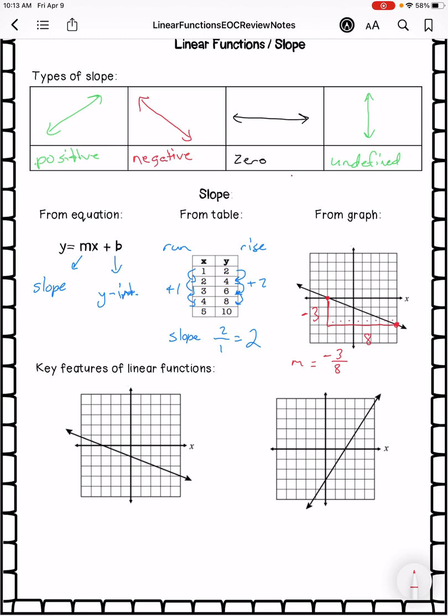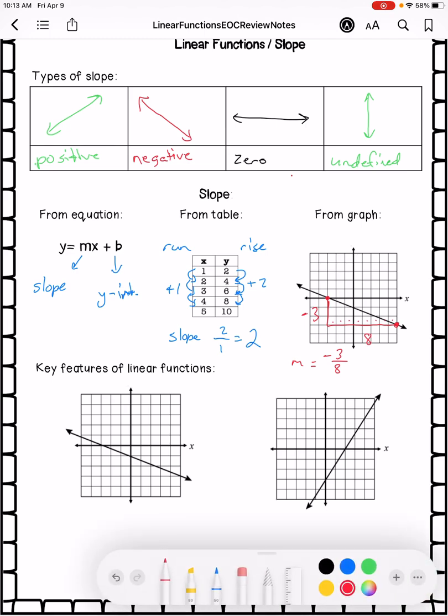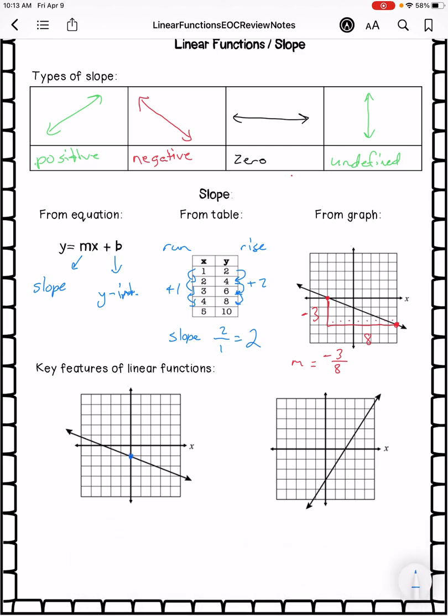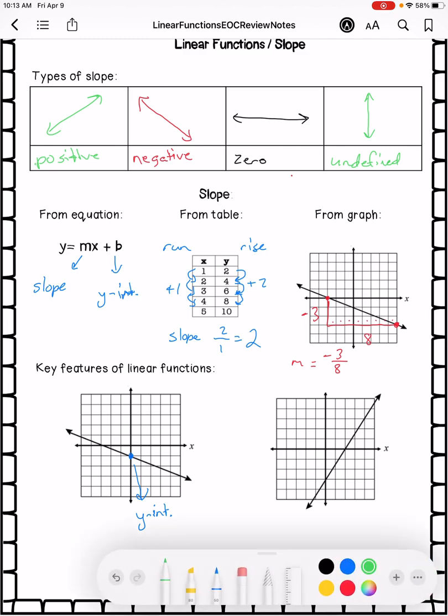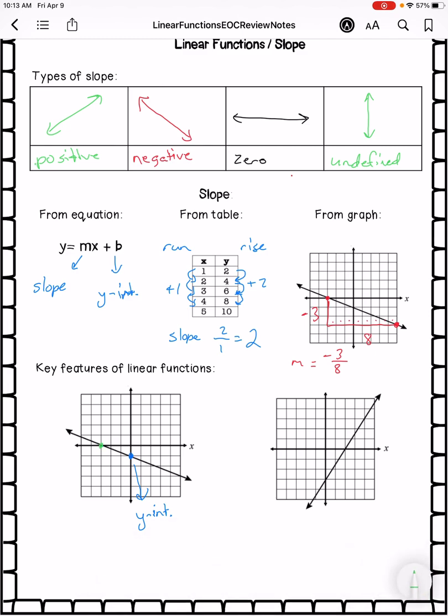All right, and then some key features of functions. Okay, there's a couple of things we want to keep in mind when we're looking at linear functions. Number one of those would be the y-intercept. Okay, that's something we always want to look for. Another key feature would be right up here, which is the x-intercept.